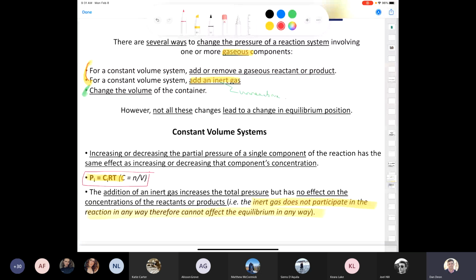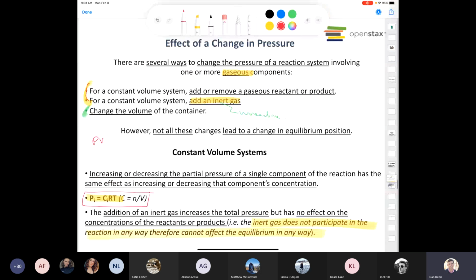We can solve that for n over V. If you don't understand what's going on here, I'll go over it really slowly. You have PV equal to nRT, the ideal gas law. So you have pressure is equal to n over V times RT, right? And n over V is the same thing as concentration. So therefore, you can see that pressure and concentration are proportional to each other.